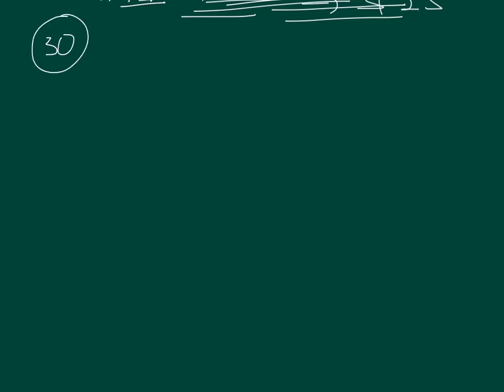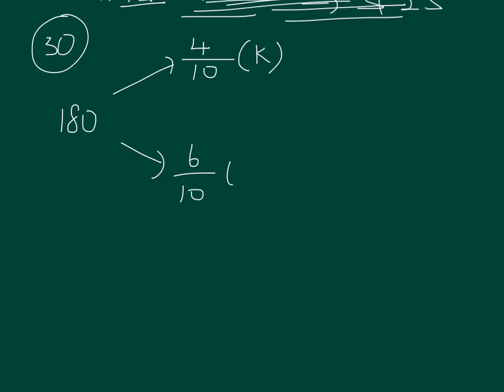Okay, we go on to question 30, the last part of our answer. Rina had 180 sweets. She gave 40% to Katie and 25% of the remaining sweets to Henry. How many sweets did Henry get? At first she has 180. She gave 40%, which is actually 4/10 to Katie, which means she'll have 6/10 remaining, and 25% of the remaining sweets to Henry. 25% is actually 1/4.